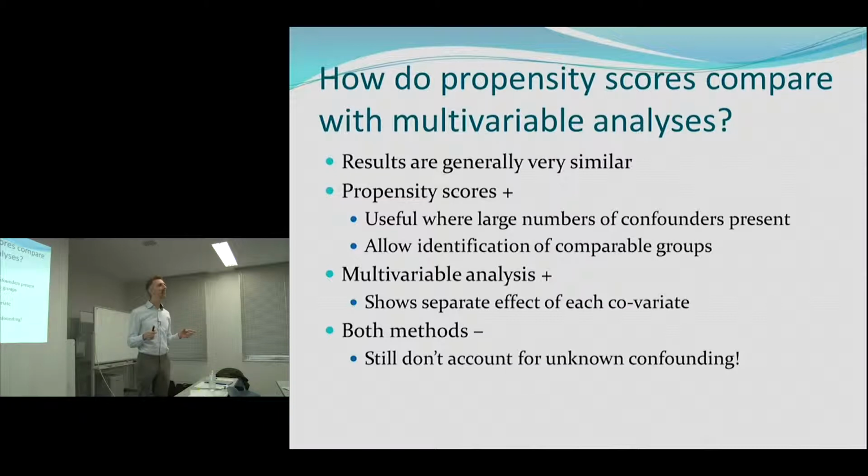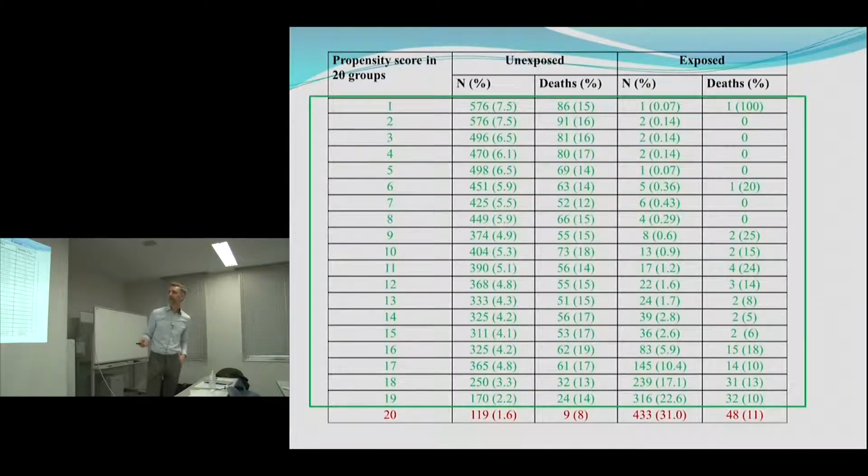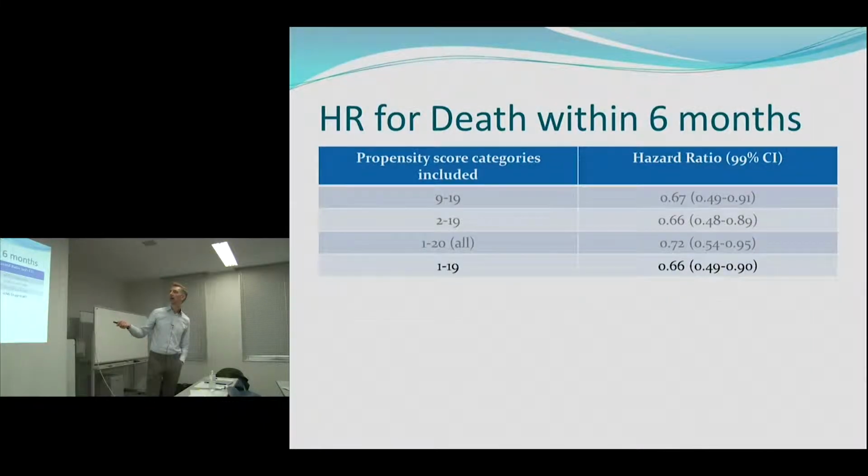The only reason you might get a different answer is, if I go back, you could see here that in fact it didn't really matter which categories we included in the analysis. The answer was quite similar. If the answer had been quite different in our primary analysis, then a multivariable approach would have given us a different answer.